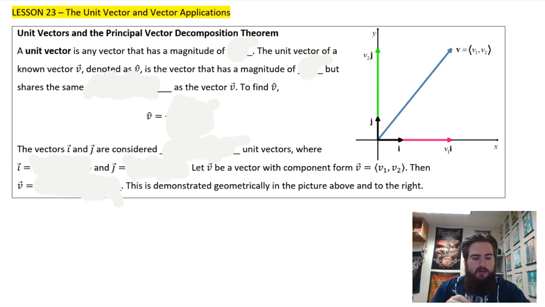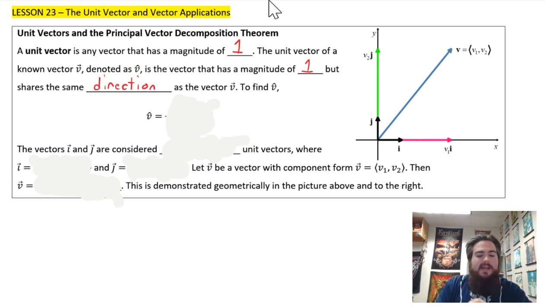A unit vector is a vector that has a magnitude of 1. The unit vector of a particularly known vector v, which we denote with v with a little caret on top, or hat, is the vector that has a magnitude of 1, but shares the exact same direction as the vector v.